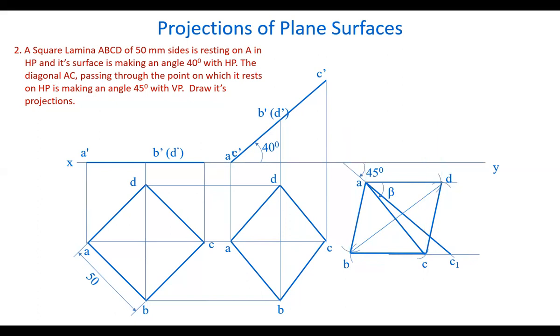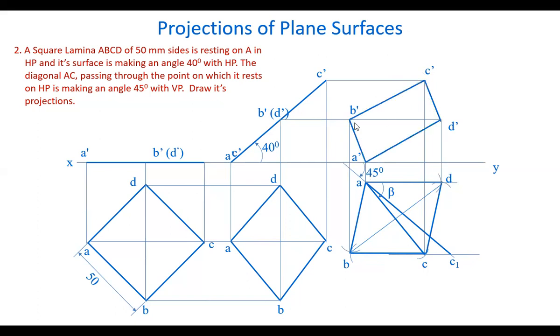Now, let's draw the front view. Draw projectors from these points and draw horizontal lines from these points here. Get the intersection points here. You get 4 points. Join them by straight lines A, B, C, D. You get the front view. So here we did 2 things.